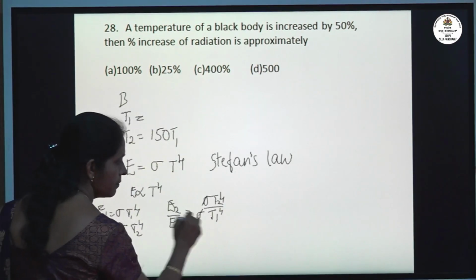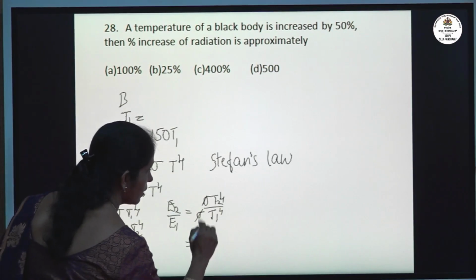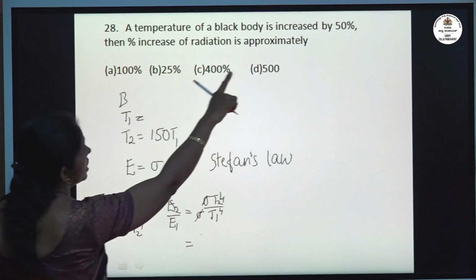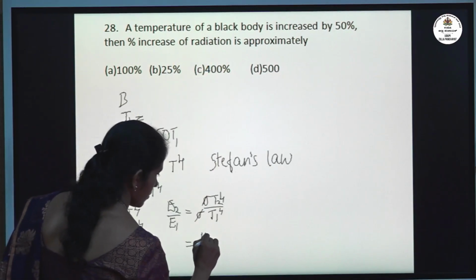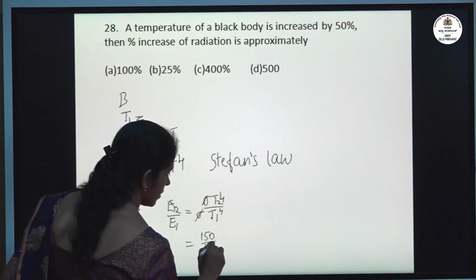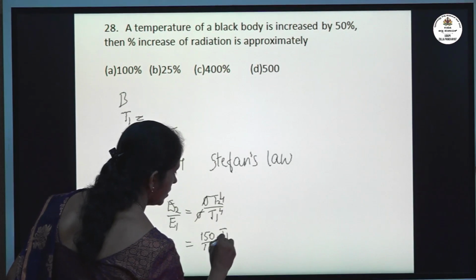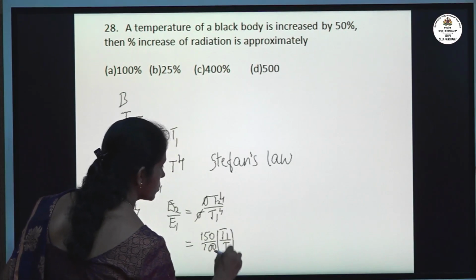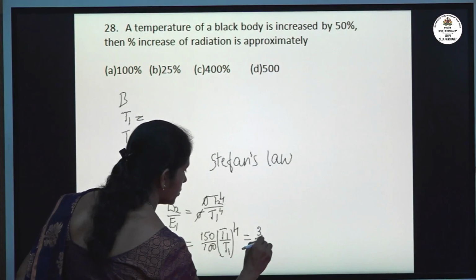Cancelling sigma, T2 is 150%, 50% more than first body, so T2 by T1 is 3 by 2.